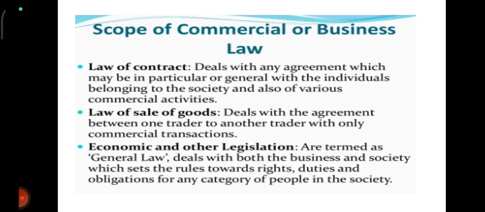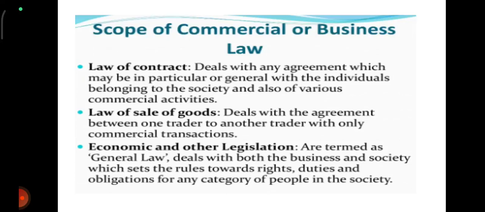Now, the scope of commercial or business laws. It has three parts: law of contract, law of sale of goods, and economic and other legislation. First is the law of contract, which deals with any agreement, particular or general, with the individuals belonging to the society and also of various commercial activities.